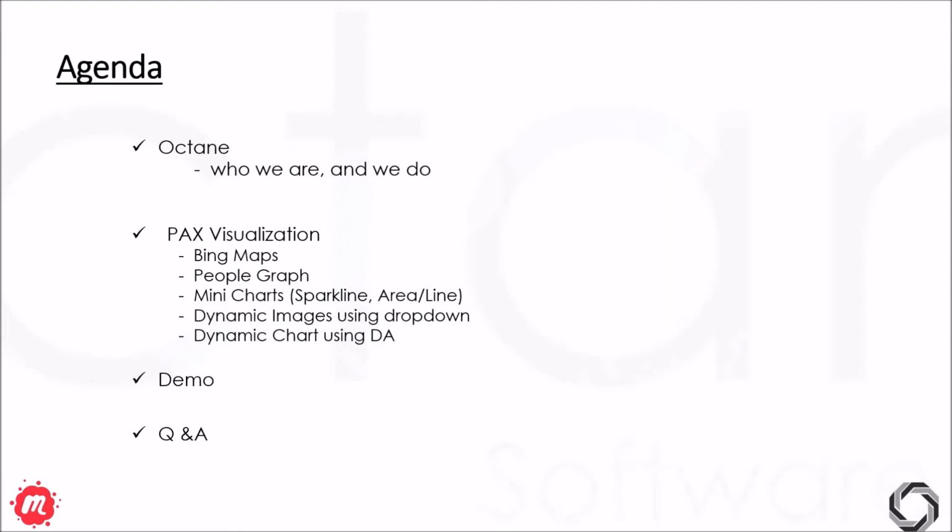We will also see how we can add images dynamically in Excel using drop-down selections. And if you had attended my previous session on dynamic array formulas, as an extension to that, I want to see how we can also create charts in PAX that are dynamic to the changing data using dynamic array formulas. Finally, we will wrap up with a question and answer session at the end.